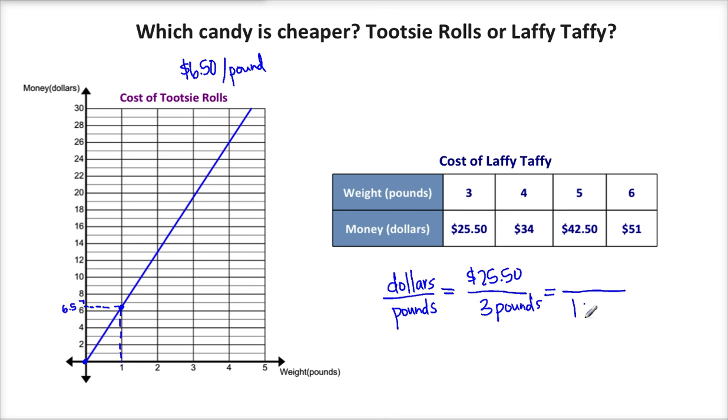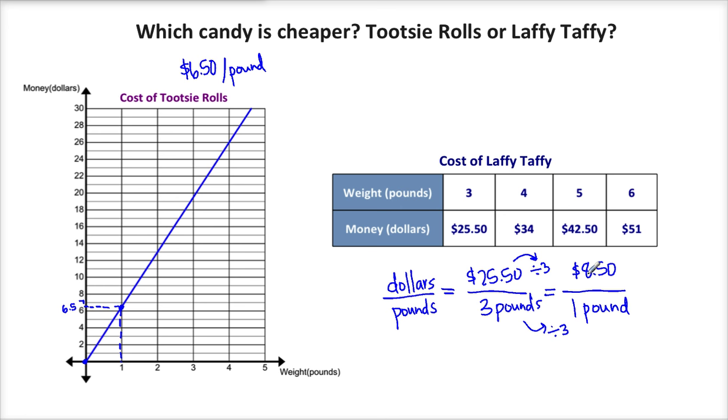So how much does 1 pound cost? What do I do to 3 pounds to get to 1? I divide by 3. 3 divided by 3 gives me 1. Whatever I do on the bottom, I have to do on the top as well to be fair. So 25.50 divided by 3, I'm going to grab a calculator really quick, and we get 8.50.